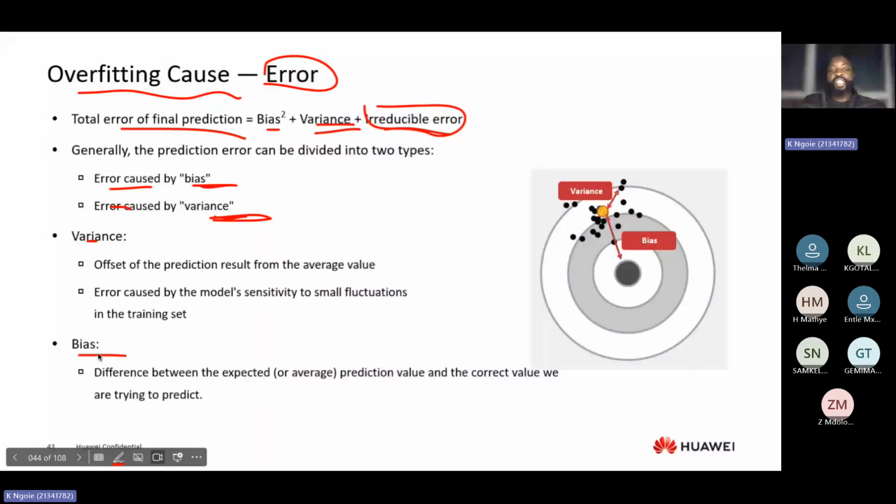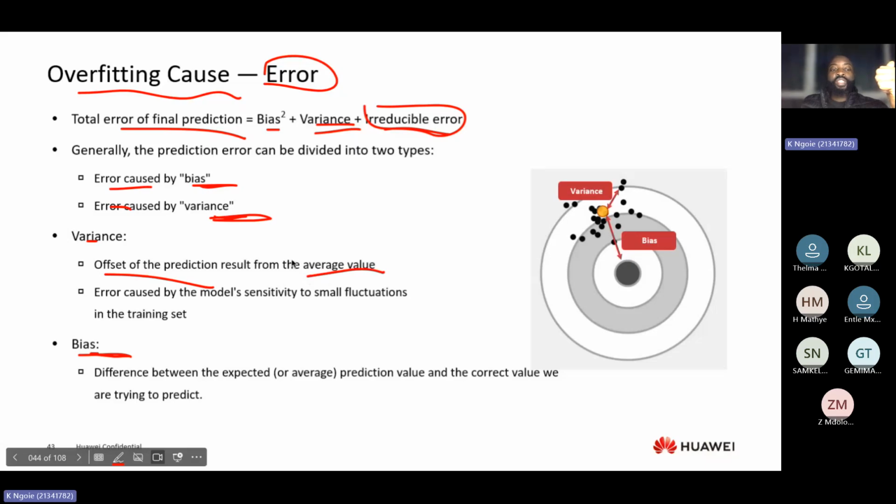So the variance is just the difference between the predicted result and the average value. If we get a certain result, but when we train more, we find other results, then we can calculate the average value that we're getting. That average value will determine how we measure the variance. So the variance will be the offset of the prediction result from the average value.